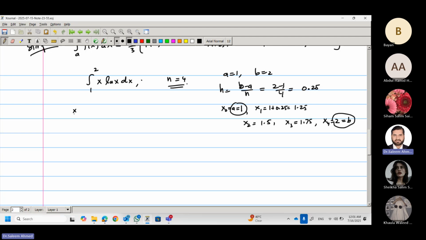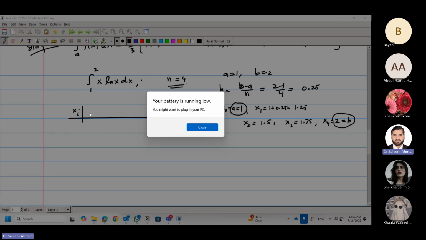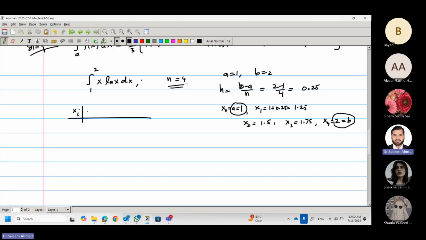If you want, you can make a table of xi. So you can make a table: 1, 1.25, 1.5, 1.75, and 2, right?